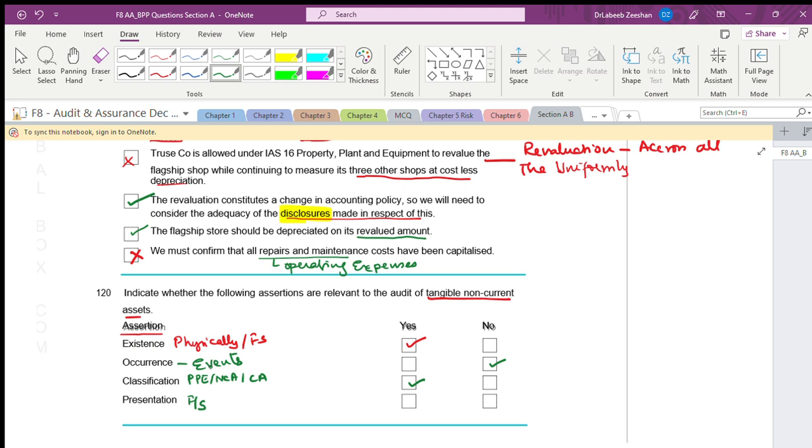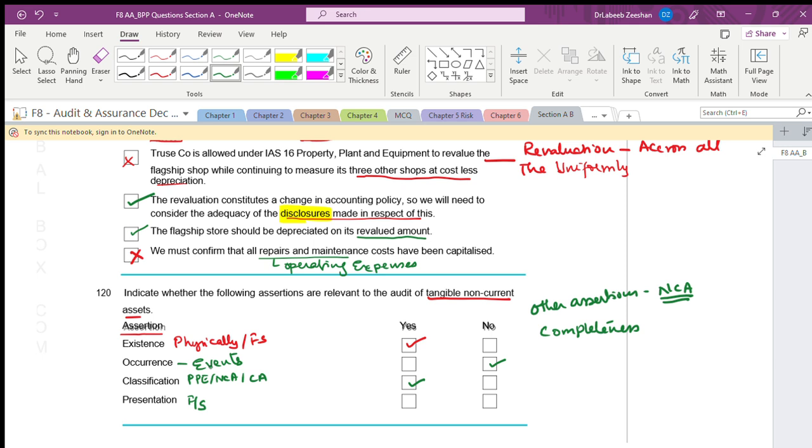Now, there are other assertions also related to non-current assets. What are the other assertions? You have completeness. I am giving it to you in summary; wherever it comes next time, I am going to explain this in detail.